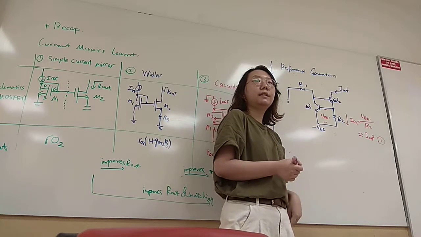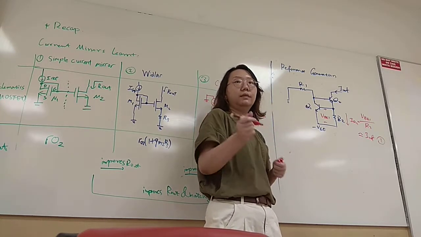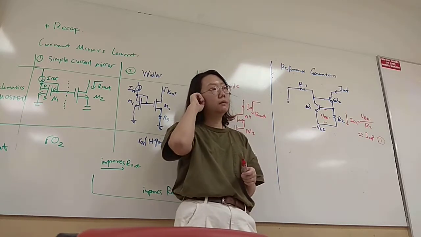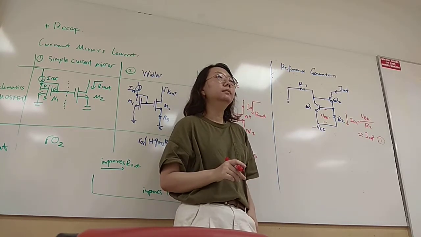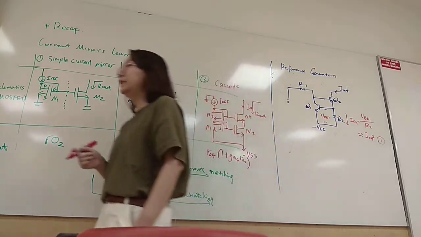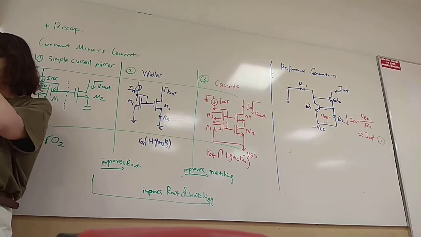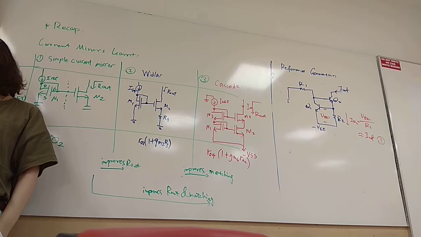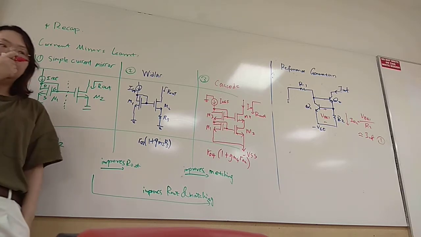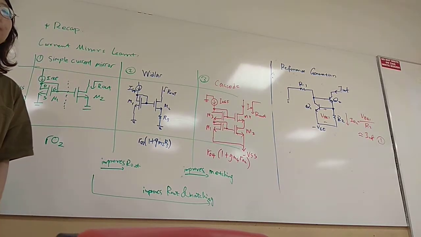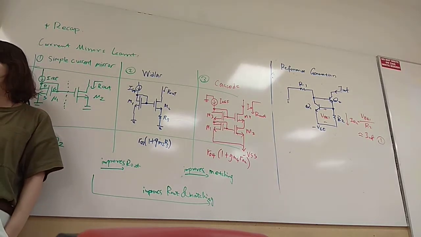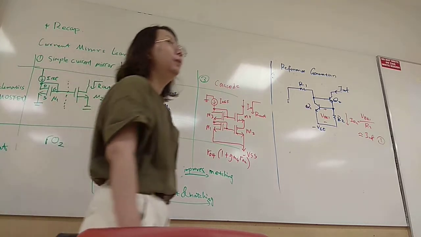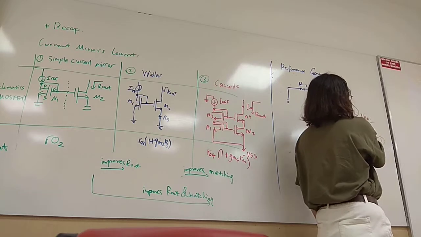What's the second equation? How can I rewrite this equation? Because it doesn't make sense on its own.